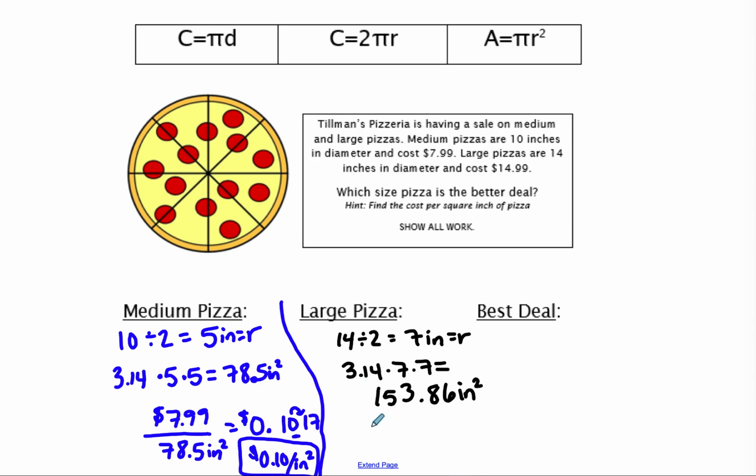Now I'm going to find the unit price. So I'm going to do $14.99 divided by my area, 153 and 86 inches squared. And let's go ahead and figure out what that is. So $14.99 divided by my area, 153.86.